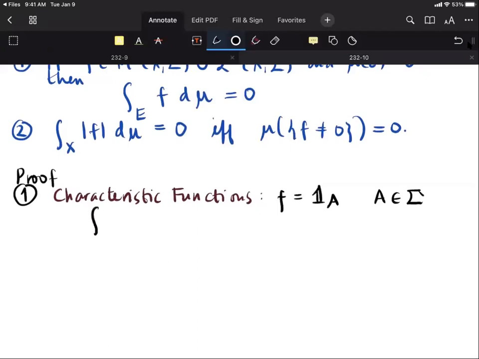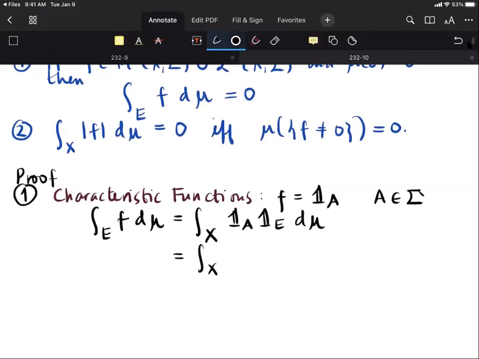Then the integral of f d mu, according to the definition of f and the definition of the Lebesgue integral over a set, is the integral of the product of the indicator functions of A and E.